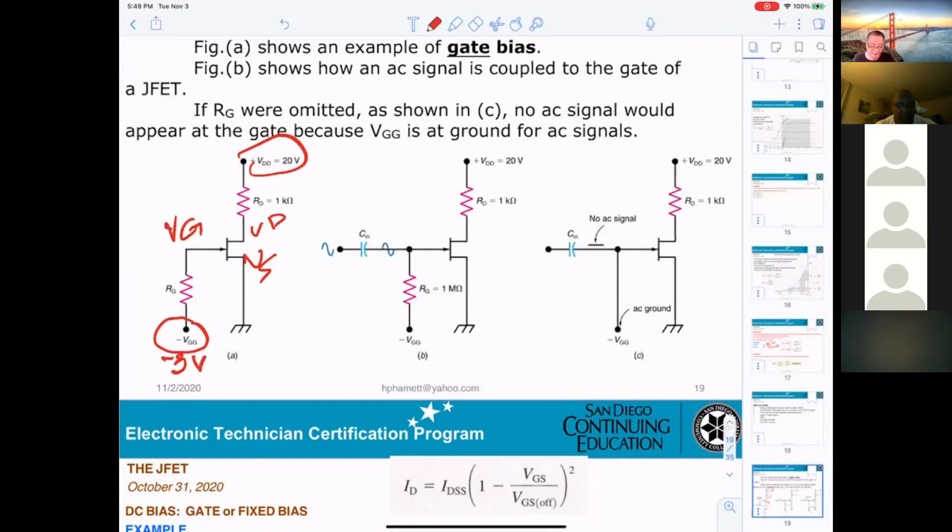My question is, what does VG equal? That one is 1 mega ohm, IG equals 0. Okay, well, what does VG equal?